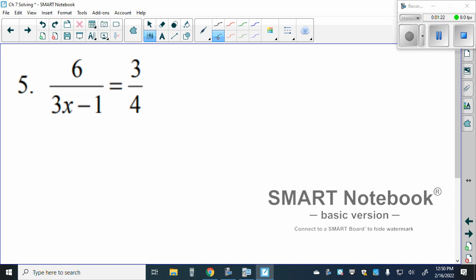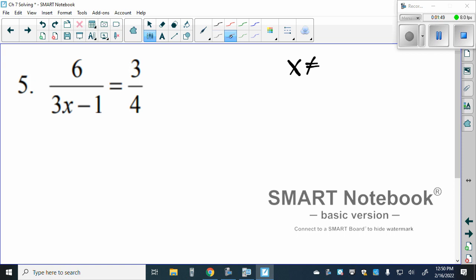So, now when we look at any of these here, it is always good to find the restrictions first. Because if we find the restrictions, and once we finish solving it one of the numbers comes up as a restriction, we don't have to plug it back into the equation to make sure it works or doesn't work.